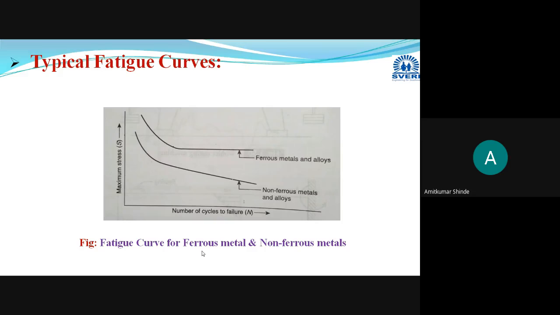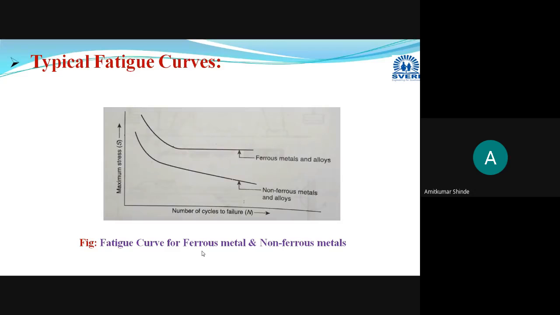Now, the two important terms which I have already mentioned earlier: what is the fatigue limit or endurance limit, and fatigue strength or endurance strength. That we will discuss here. During the performance of this fatigue testing, there is a particular stress value.